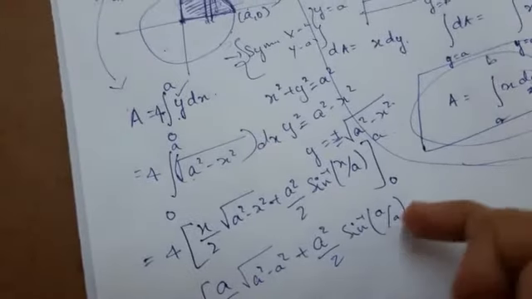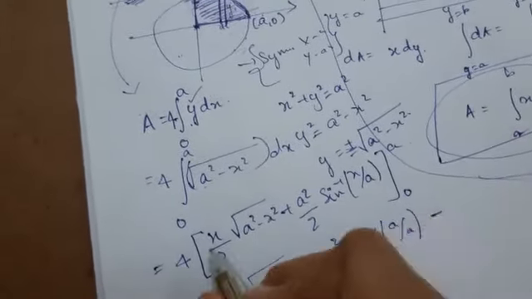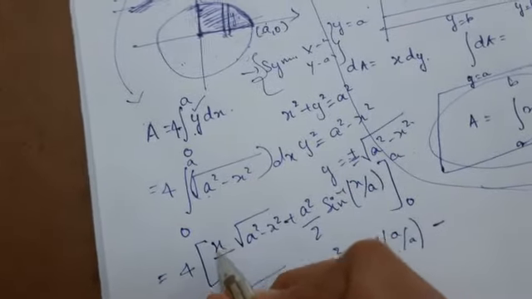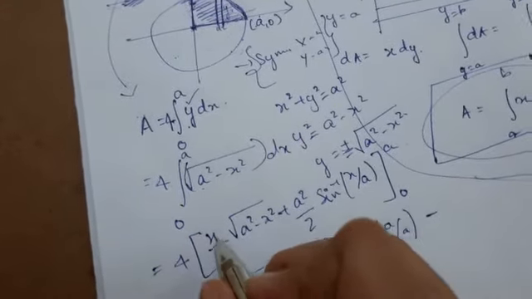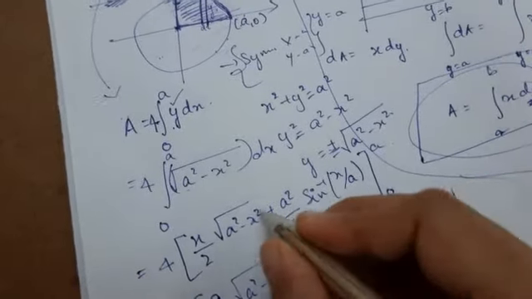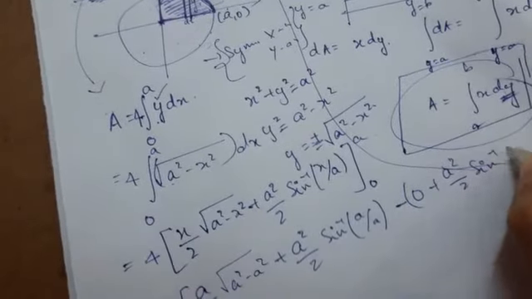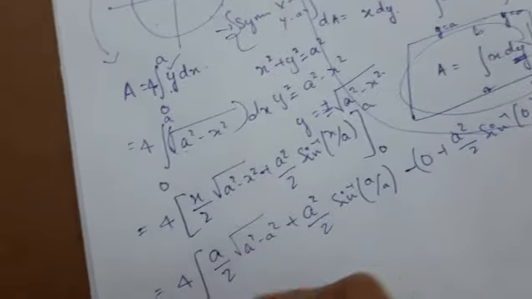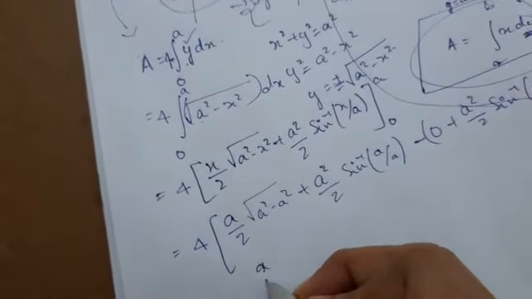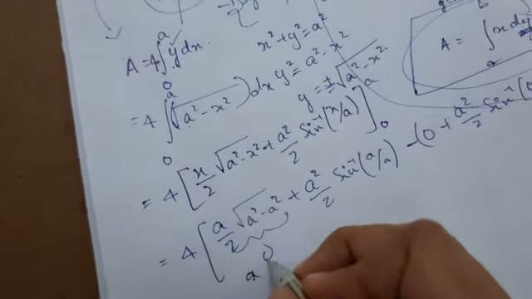So this is by applying the upper limit, minus now applying the lower limit 0 by 2, which is 0, so this whole term is going to become 0, plus a square by 2 sine inverse of 0. This term is obviously 0. Here a square minus a square is 0, so this term is 0.